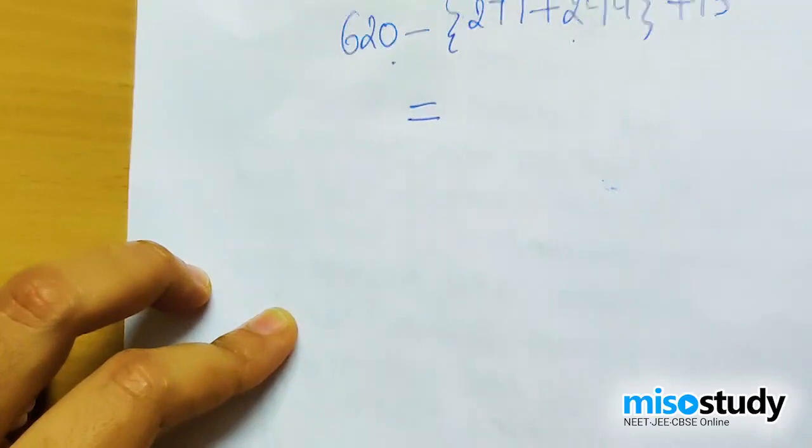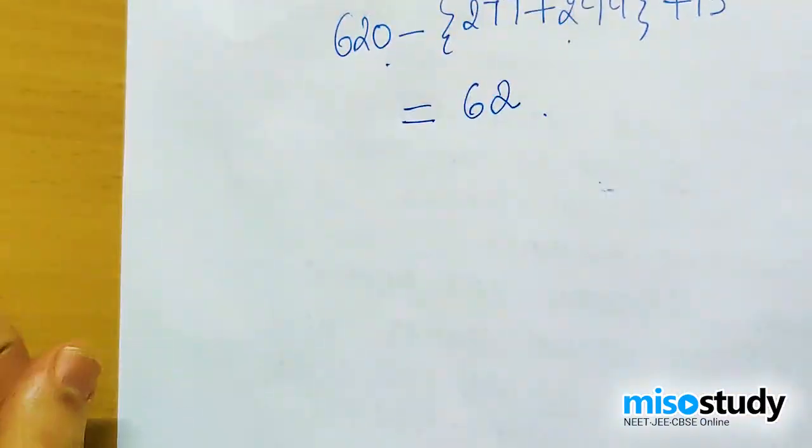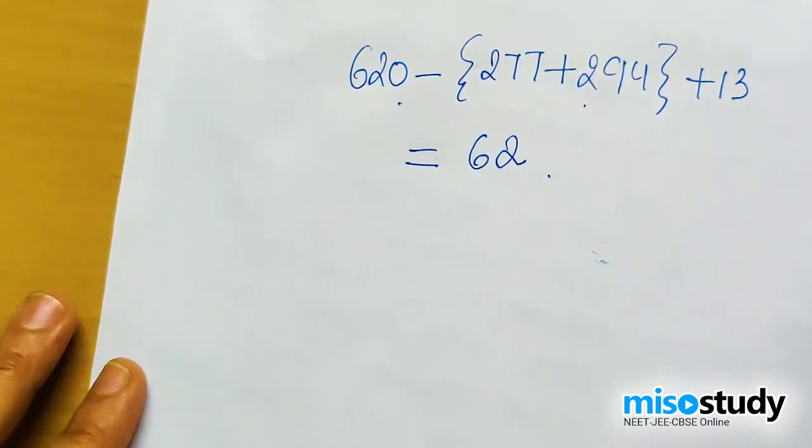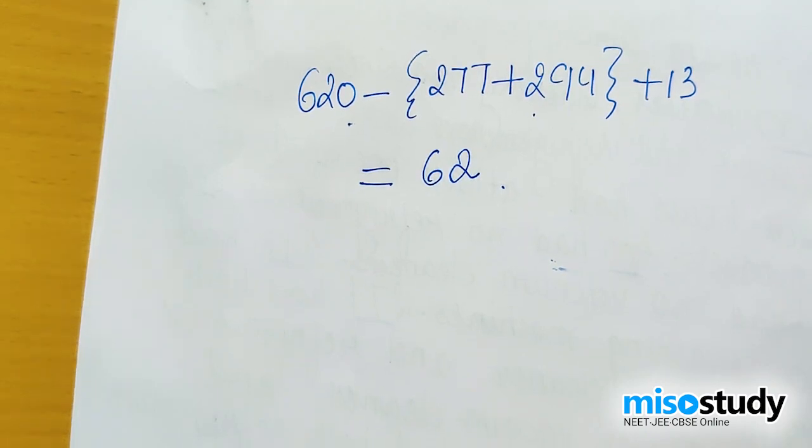Alright. Once you solve it, you will get your answer to be 62. That means families having only vacuum cleaner is 62. Alright. I hope you will do this simple calculation.